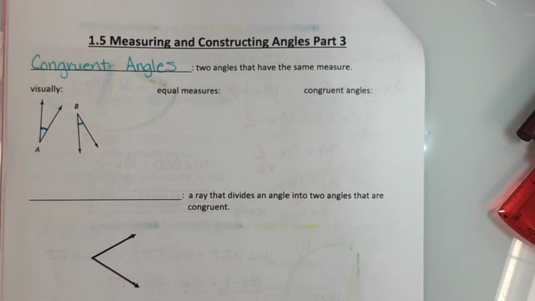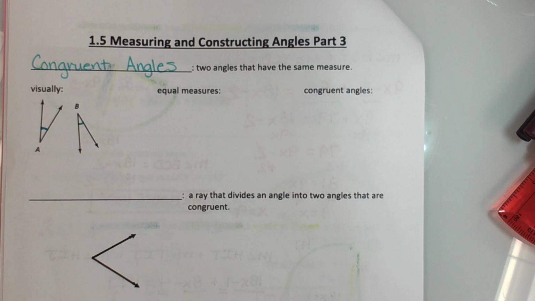Now, when it comes to talking about congruency, when it came to segments, like let's say this is AB and this is CD, there were different symbols for equal versus congruent. Equal signs had no bar above, while congruent symbols, which was the equal sign with a little squiggle above it, did have the bar above.